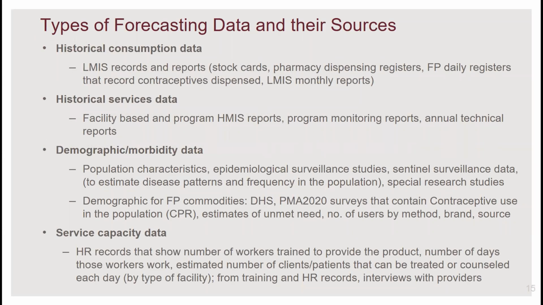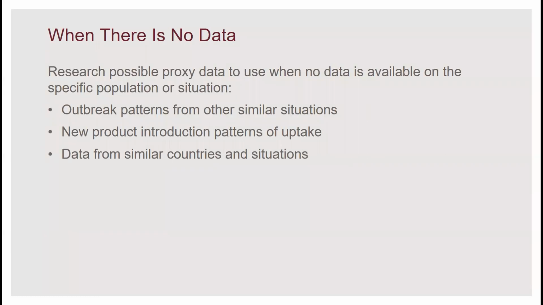We looked at the 4 main steps in the forecasting process. We discussed forecasting data, including the historical consumption data, historical services data, demographic and morbidity data, and service capacity data. And we presented some of the potential sources of these data as shown here. We also talked about some strategic ways we can use data when we don't have the exact data that we would like to have.